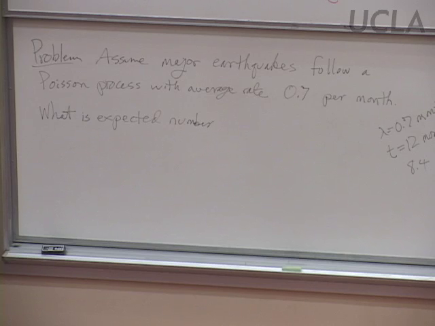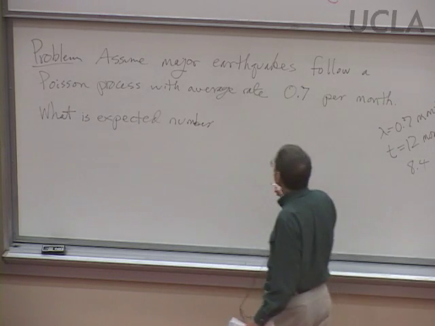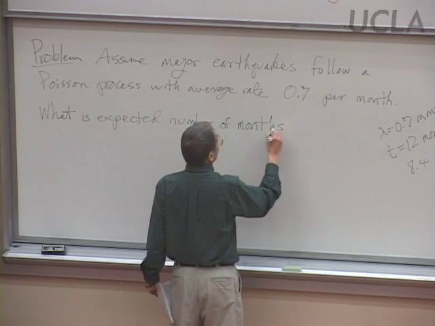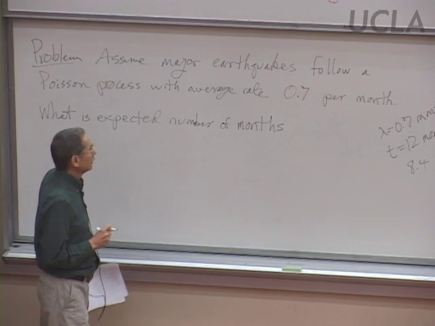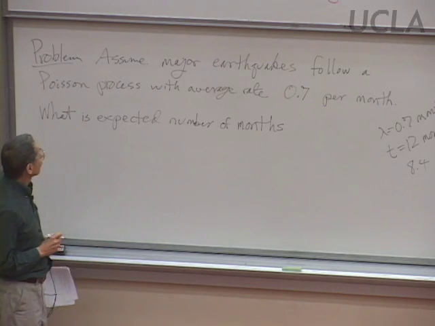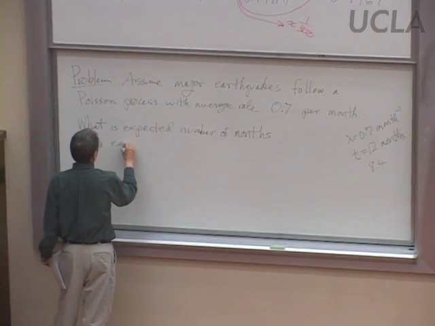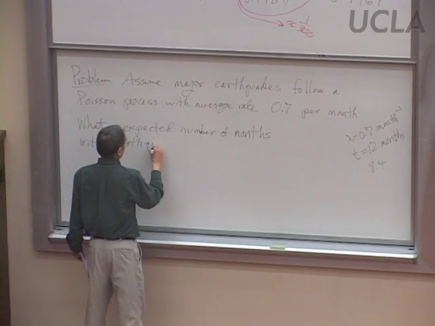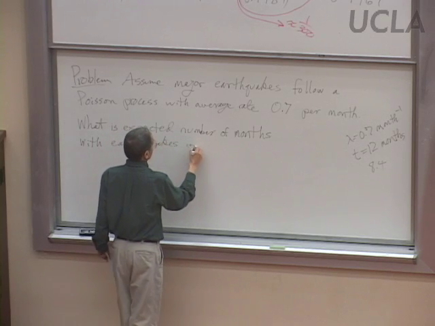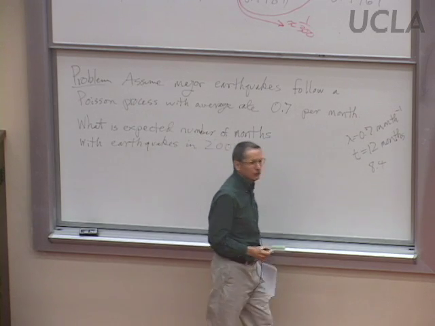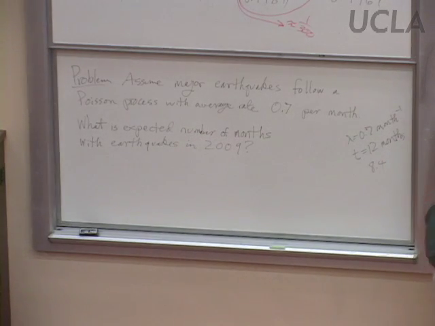But that's not the problem. Imitating that problem about typographical errors in a book, what's the expected number of months with earthquakes? That's going to be less than 8.4 because we could have a bunch of earthquakes in 1 month.